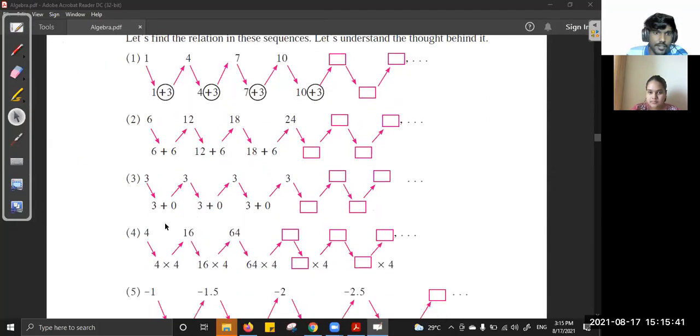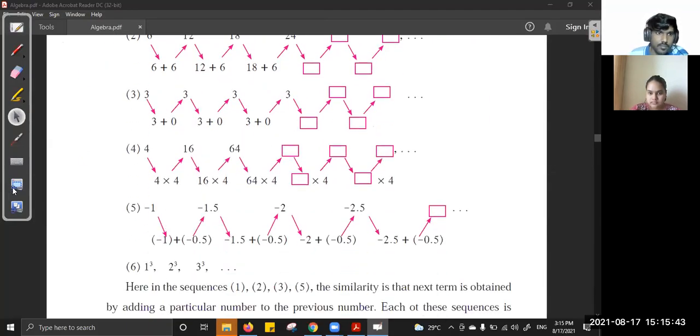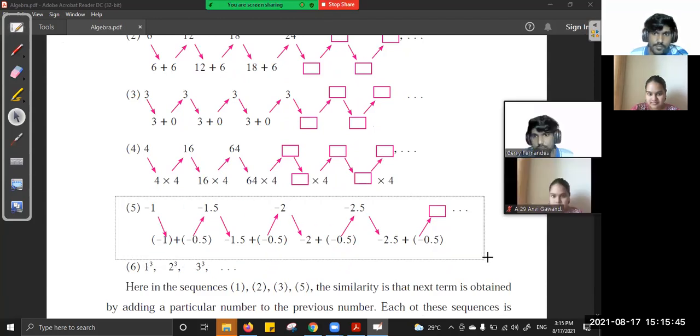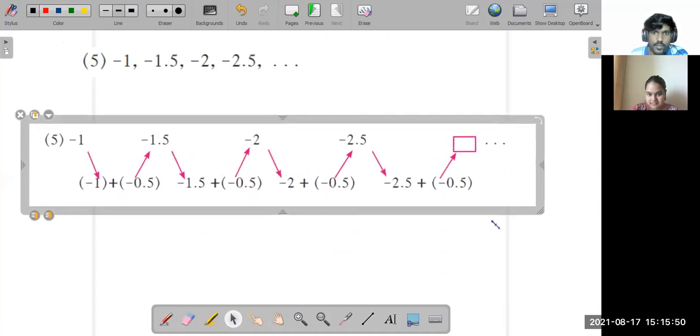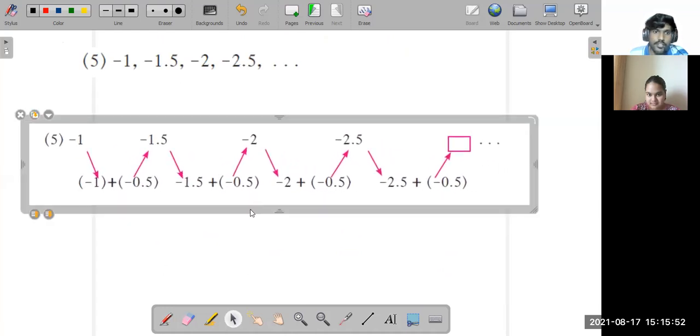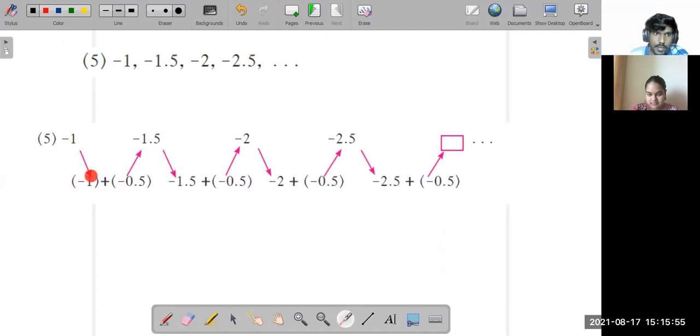So let's see the pattern. Minus 1 minus 0.5 gives you minus 1.5. Again, from minus 1.5 you subtract 0.5, you get minus 2.